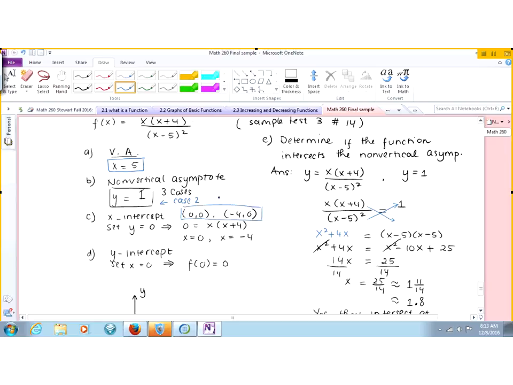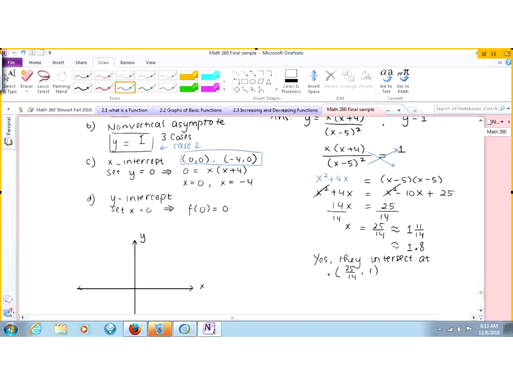There are 3 cases, but this is case 2. (0, 0), (negative 4, 0), and (25 over 14, 1), which is (1.8, 1). So let's see. 1, 2, 3, 4, 5. 1, 2, 3, 4, 5. 1, 2, 3.